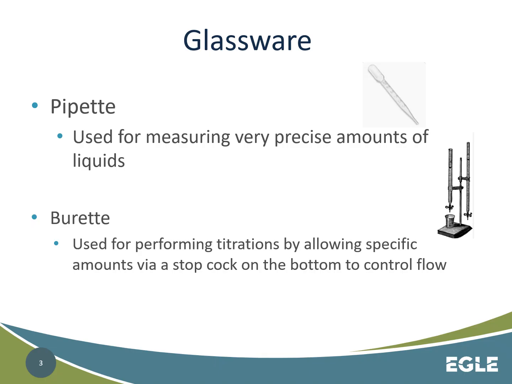A burette looks like a combination: it has a stopcock at the bottom to control flow out of a dropper end. I often explain burettes to people as a combination of a pipette with a dropper end and a stopcock, and a graduated cylinder that is used for measuring liquids. You can again measure by the graduations or measurement marks on the side by looking at the meniscus here.